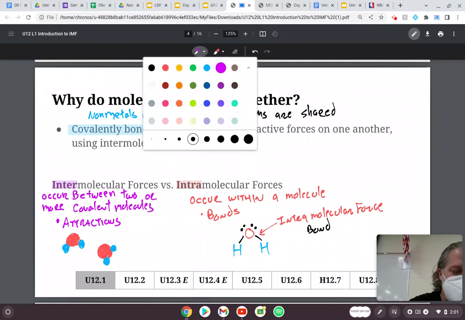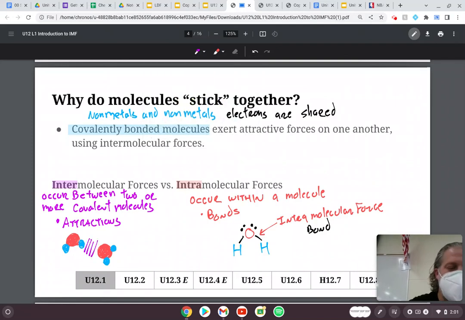But they're attracted to one another like so. And so this would be the intermolecular force of attraction.